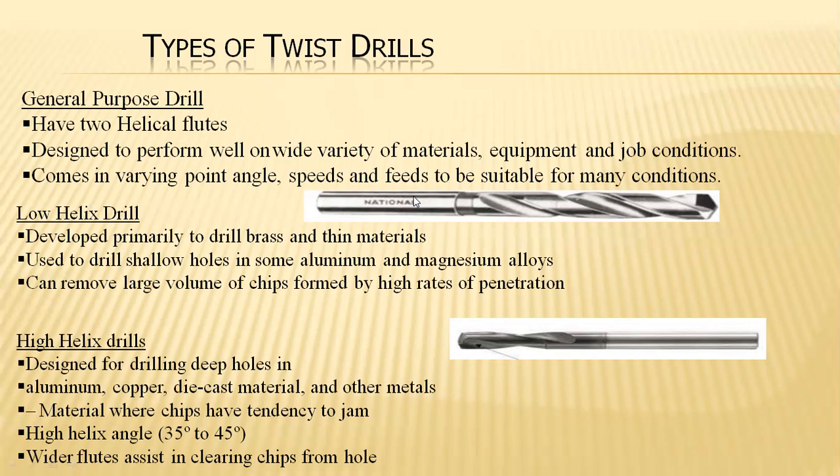These are designed to perform very well on a wide variety of materials and different kinds of jobs, and come in varying point angles, with speeds and feeds suitable for many conditions. The low helix drill was developed primarily to drill brass and thin materials.